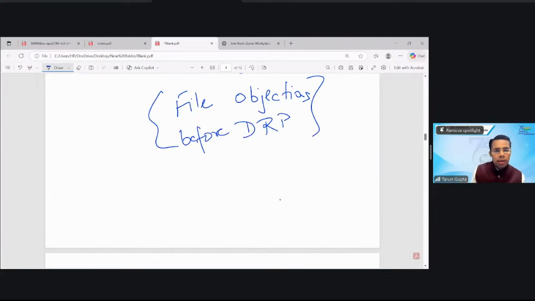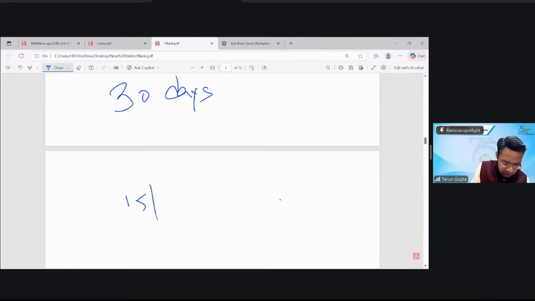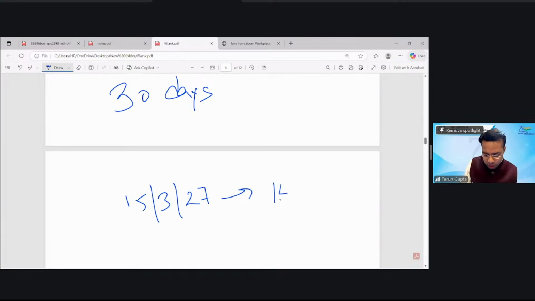And for this, the assessee has a time of 30 days from the date of receipt of the draft order. So once an order is received, say the order is received on 15th March 27, then the assessee has up to 14th April 27. He can either file an objection before the DRP, or he can file a letter to the AO that I accept the order.